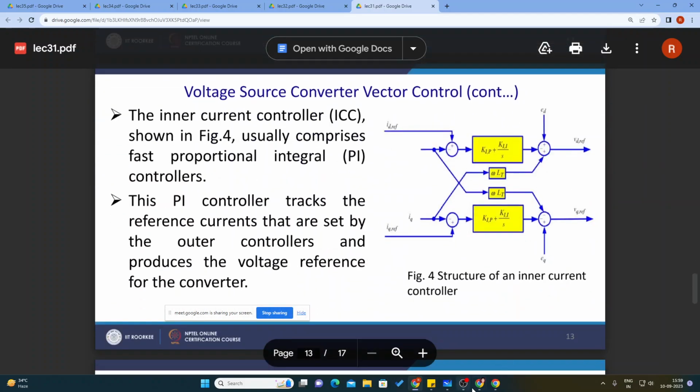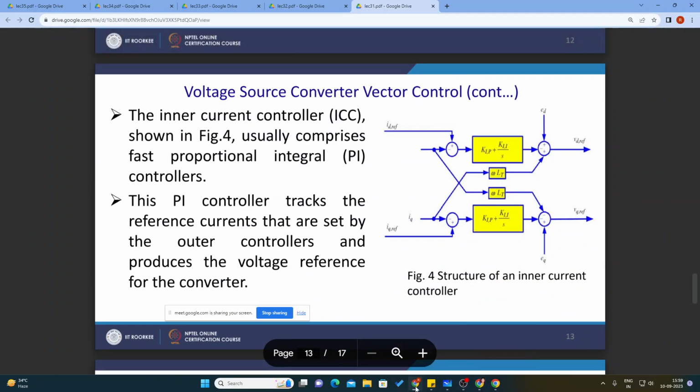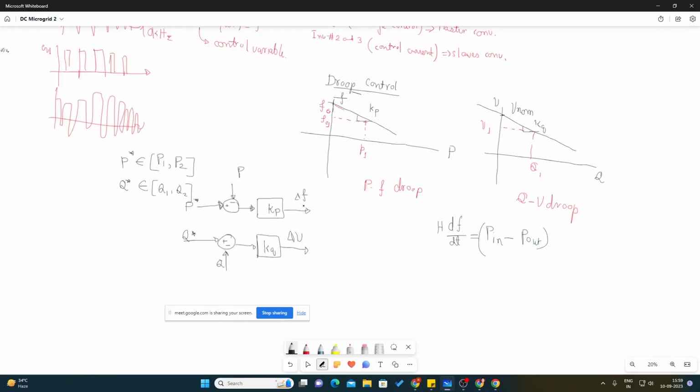Now after obtaining del f, del f has to be reduced to 0. So it will be compared to 0, such that del f is made 0 and del q is also made 0.